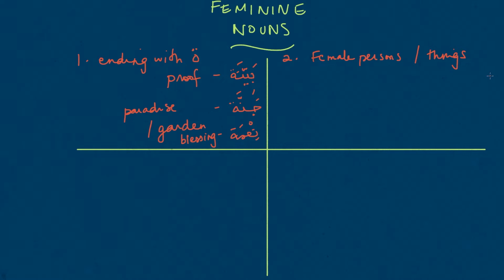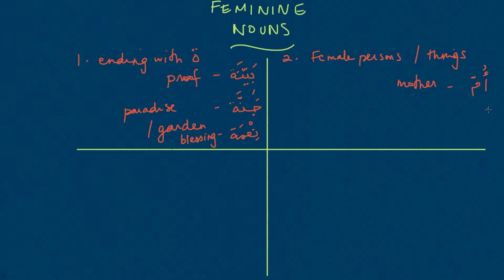So for example, we have umm, meaning mother. So the mother is a female person and cannot be a male. So the word is considered as feminine even though it does not have the ta marbuta.